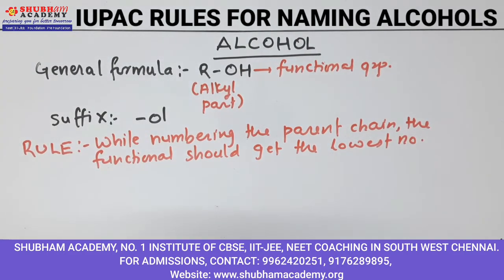So when you are numbering the parent chain, you have to keep in mind that you should number from the side from where the functional group is getting the lowest number, right?